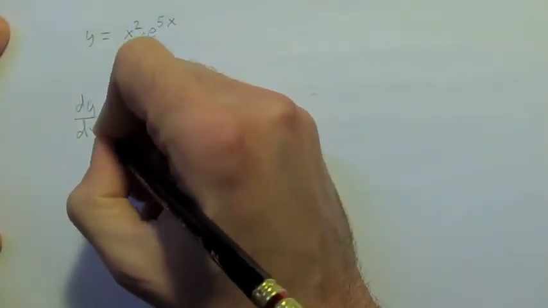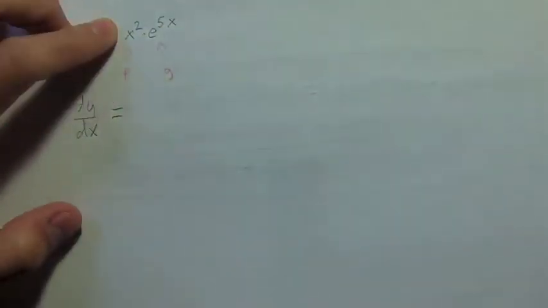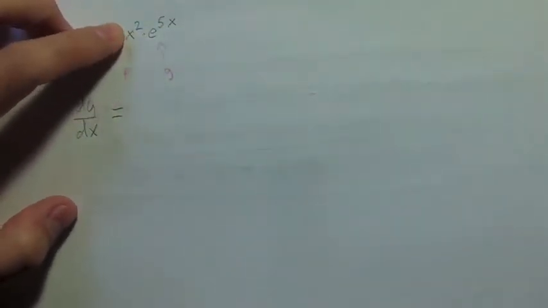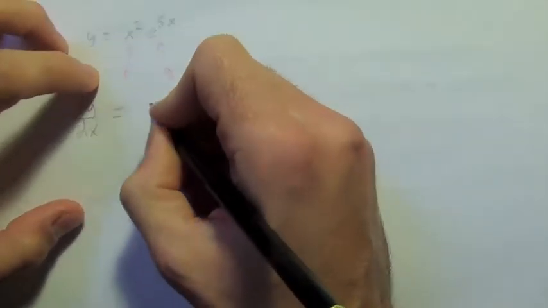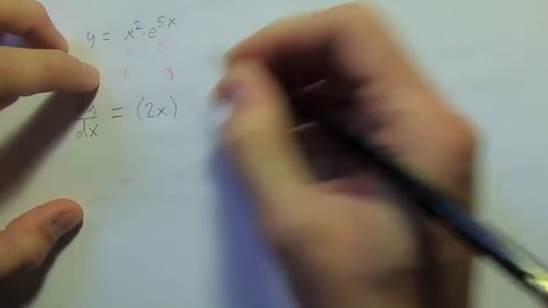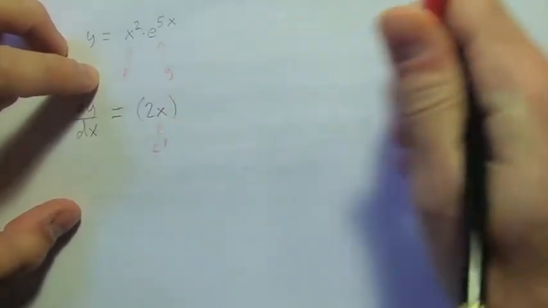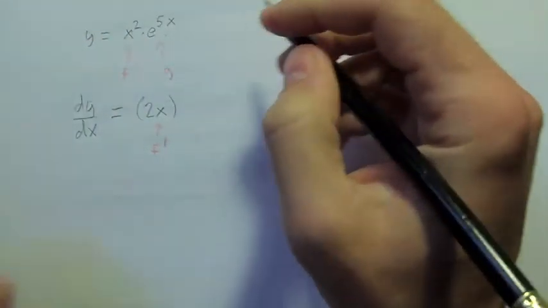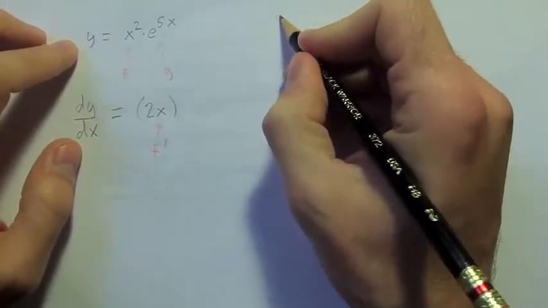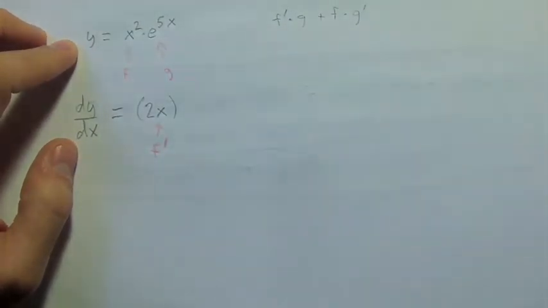Okay, so when I go to take the derivative, dy over dx is going to be the derivative of the first function. Well, x squared is my first function, so the derivative of that is 2x. Okay, so that's f prime times the second function left alone, right? The rule we look at is f prime times g plus f times g prime.